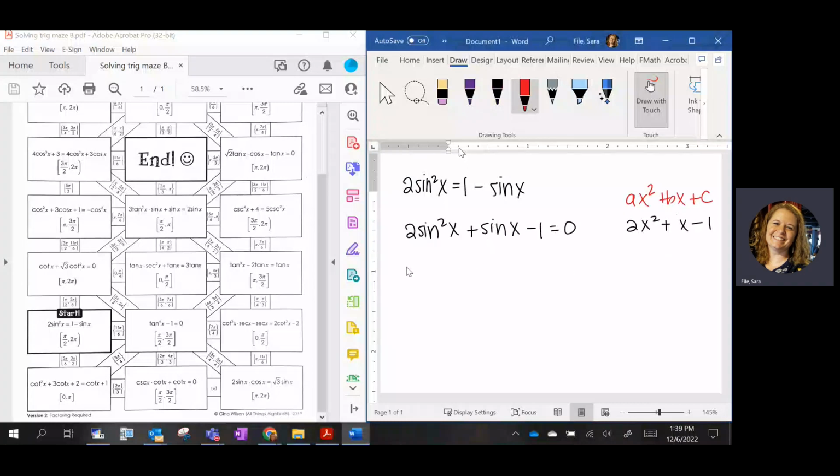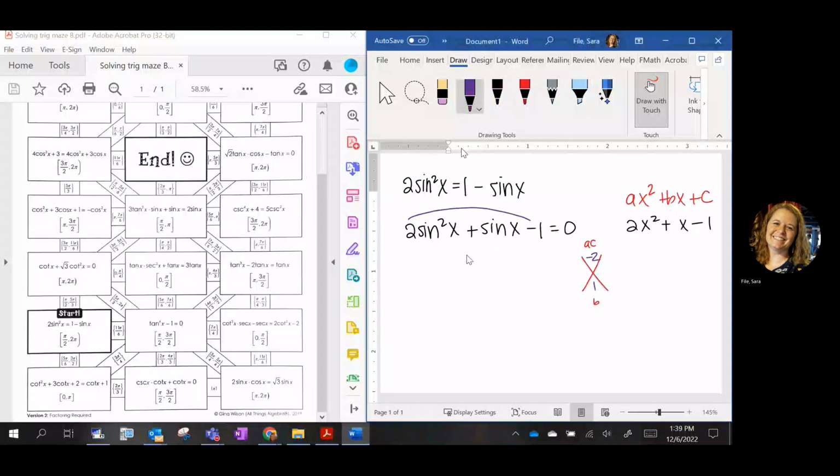So the X method is taking your a times c and putting it in the top, and your b and putting it in the bottom. So in this case, that's 2 times -1, so that's -2, and b is an understood 1. You look for factors, what multiplies to -2 that adds to 1, and that would be +2 and -1.